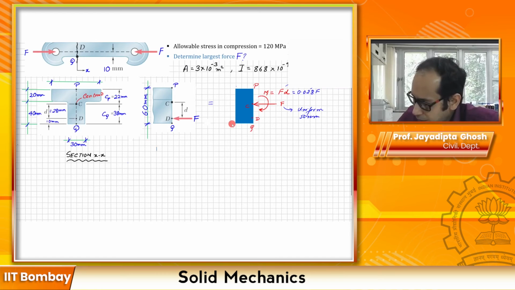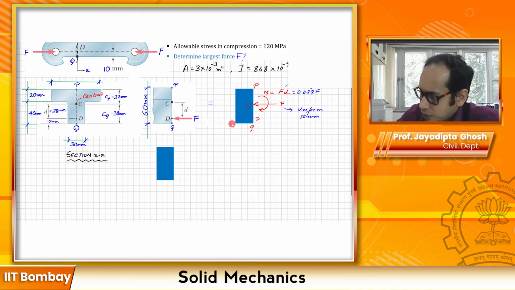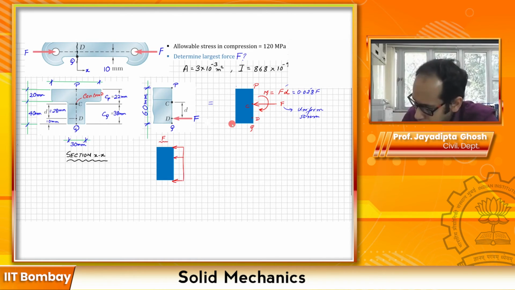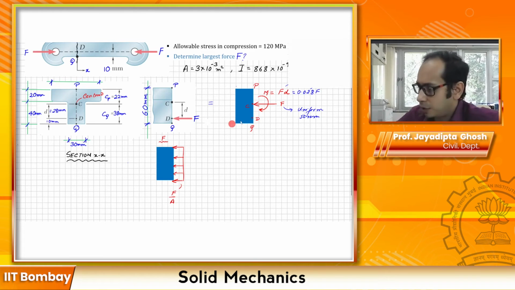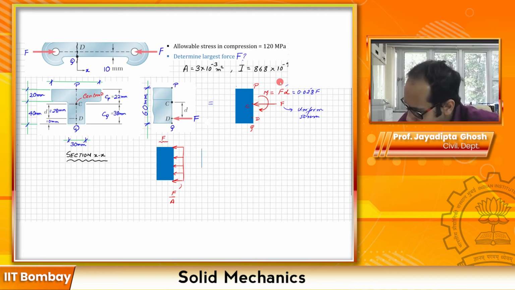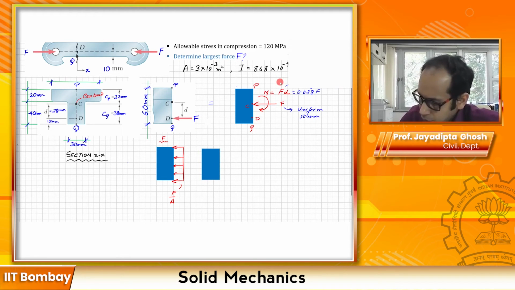Let's first draw the uniform stress distribution that is there, due to F. So due to F, I am going to get F divided by A, where A is the area of cross section. And for the bending, this is due to M, so let me draw another cross section. This is due to your M.